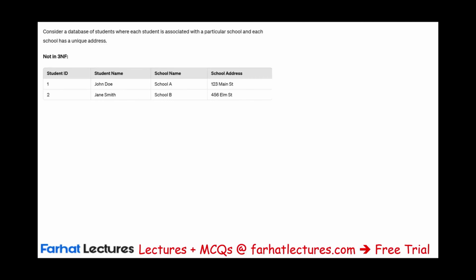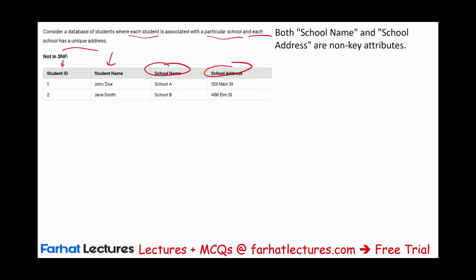We have this database. We have a student ID, student name, school name, and school address. So consider a database of students where each student is associated with a particular school and each school has a unique address. That makes sense. Now, you have to understand here that both school name and school address are non-primary keys, which is non-key attributes.